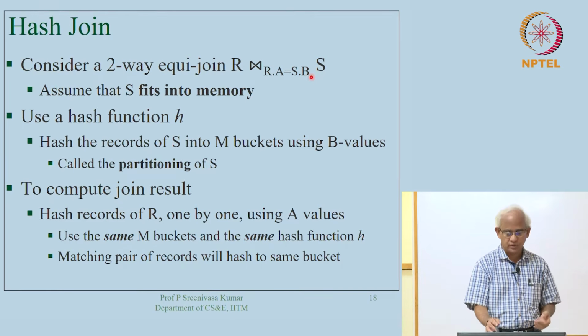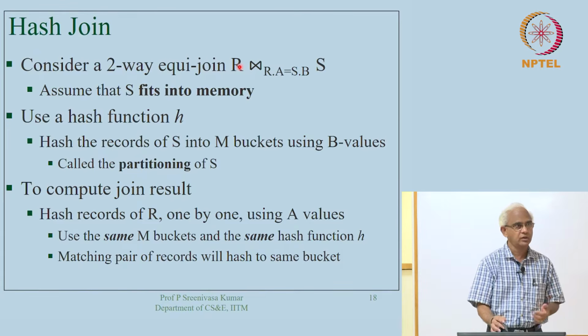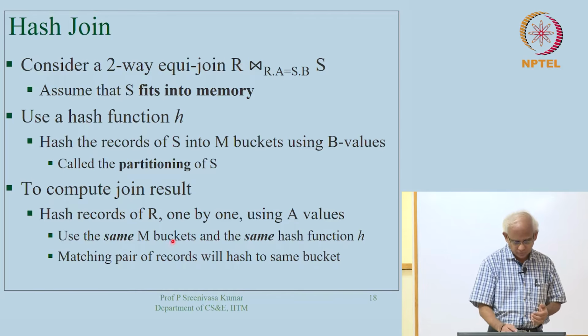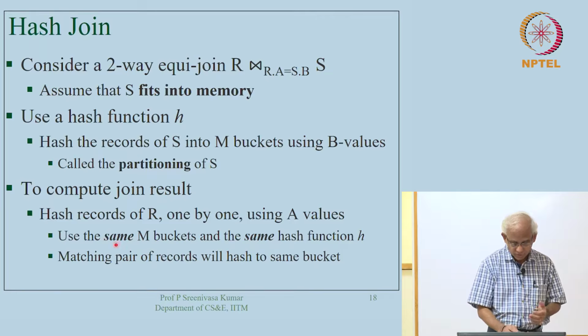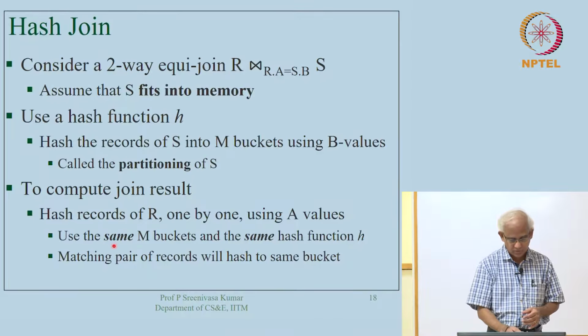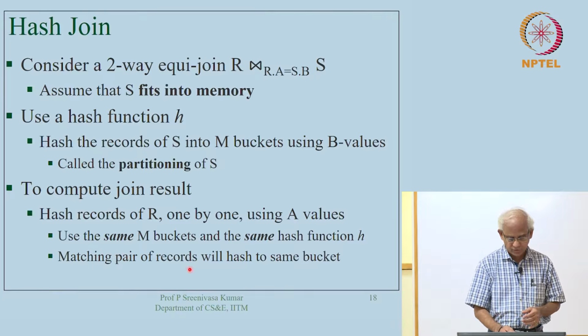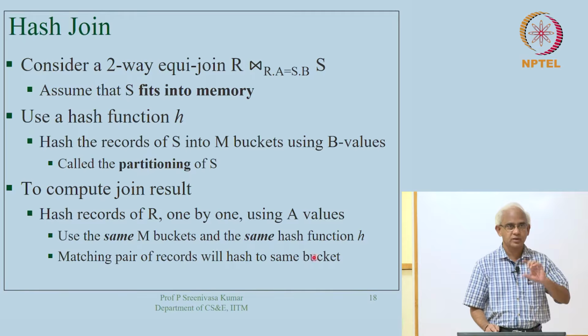Now hash the records of R using the same hash function and the same m buckets. Then you will find that the matching pair of records will hash to the same bucket.